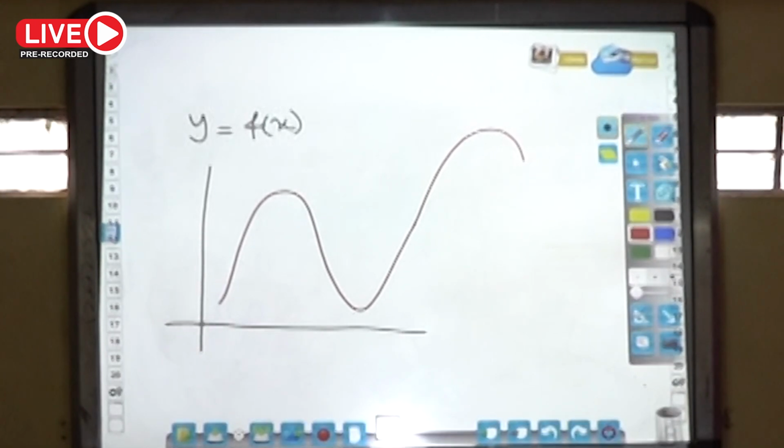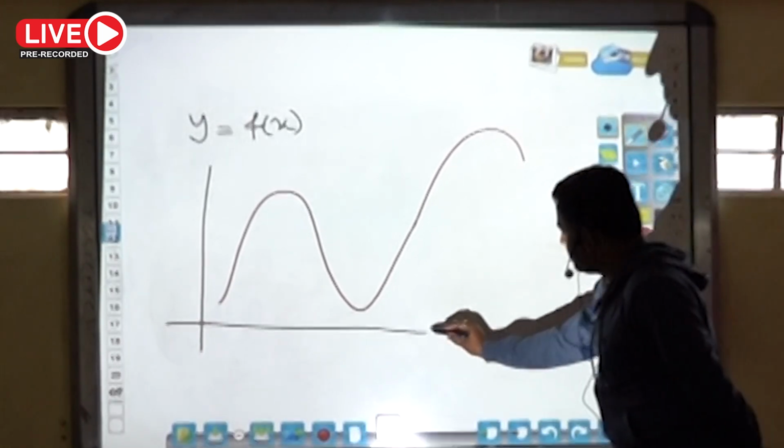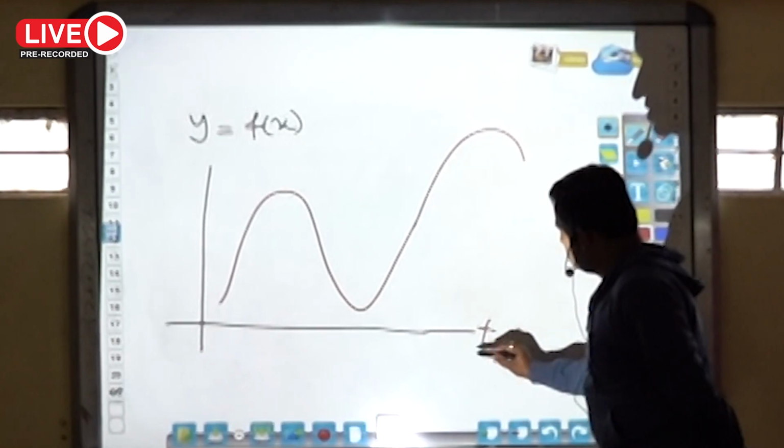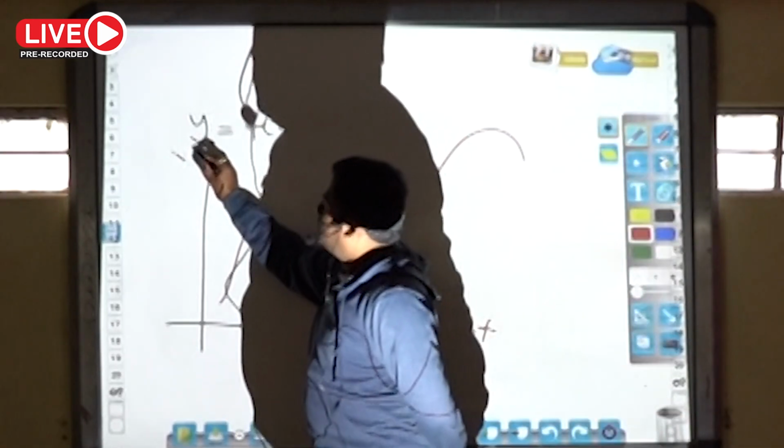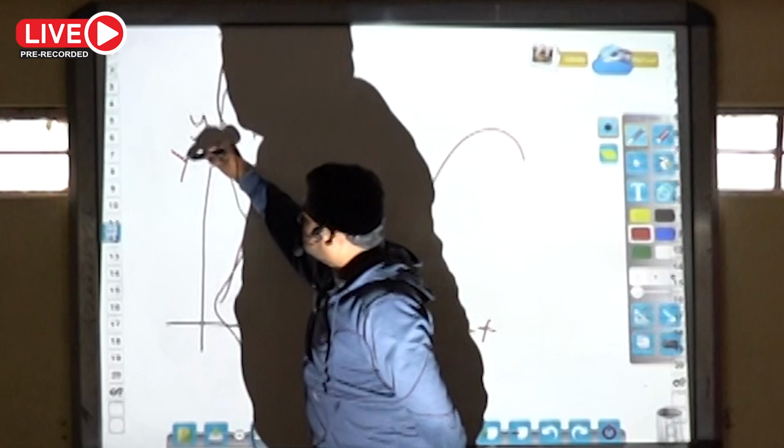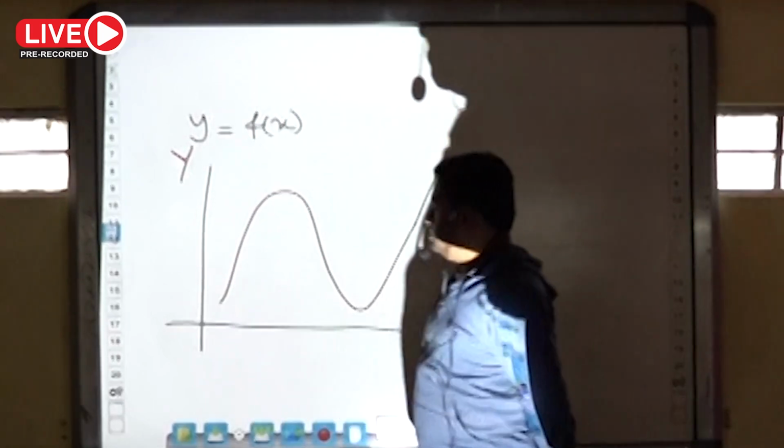Now, we have to first find out the points where the tangent to the graph is a horizontal line to the x-axis. This is our x-axis. This is the y-axis. Tell me how many points are there in the graph in between.